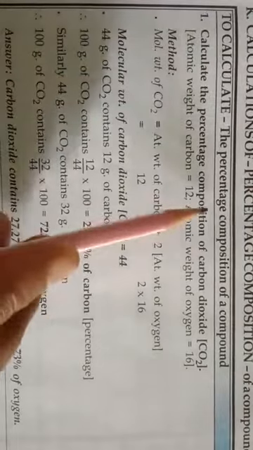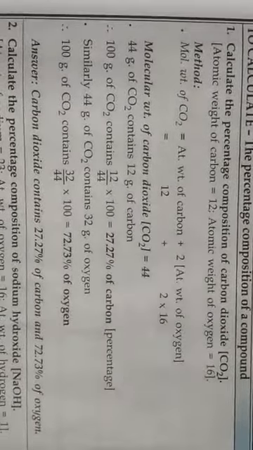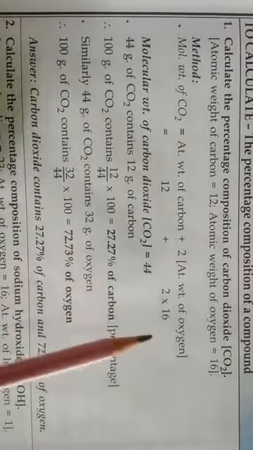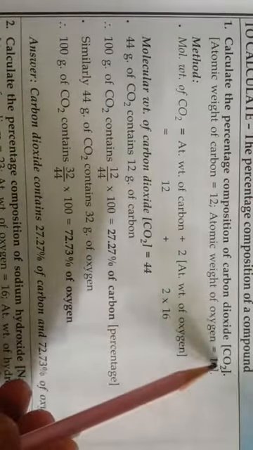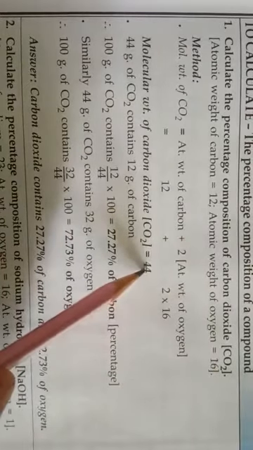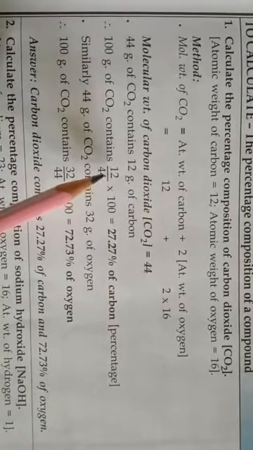To calculate the percentage composition of a compound, examples are given here. First we have to find the molecular mass of the given substance, and then we will calculate the percentage composition by calculating the percentage proportion of the different elements present in the compound.